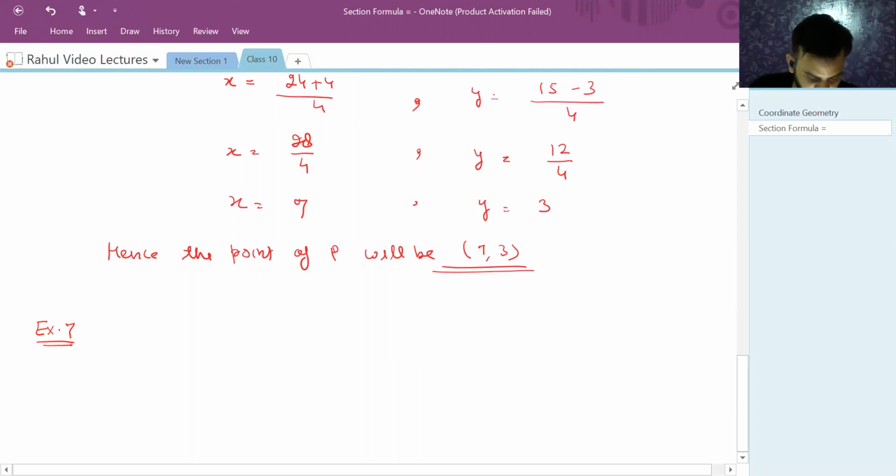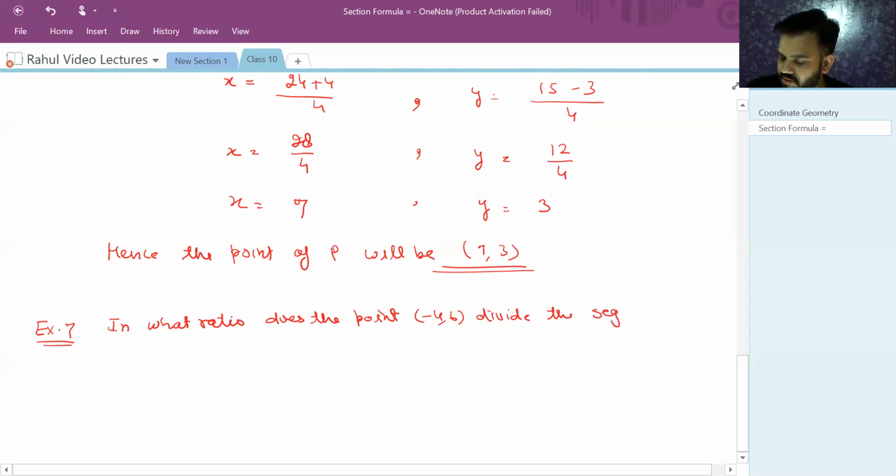In what ratio does the point -4, 6 divide the segment joining the points A -6, 10 and B 3, -8?